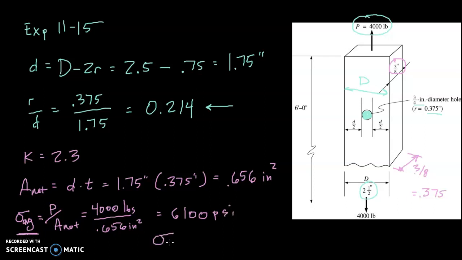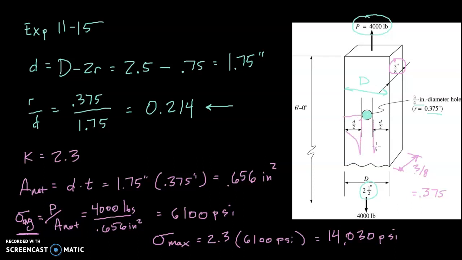Now to find the maximum stress, we take this average stress and multiply it by K. So K is 2.3, and the average stress is 6,100 psi. And so 6,100 times 2.3 gives us 14,030 psi. So that stress is going to jump way up at the hole.